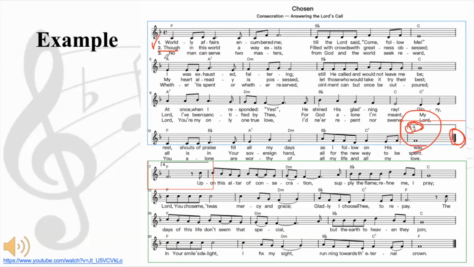So we come back to 3 again. Then we sing the third stanza, and we have 1, 2, 3, and we have 4 here. So 4 will be the fifth line, and then we continue to sing here. So that is one example of the repeat sign with the numbers.